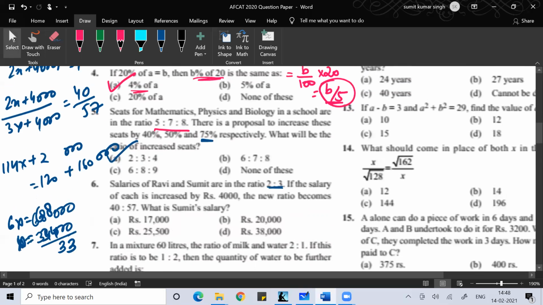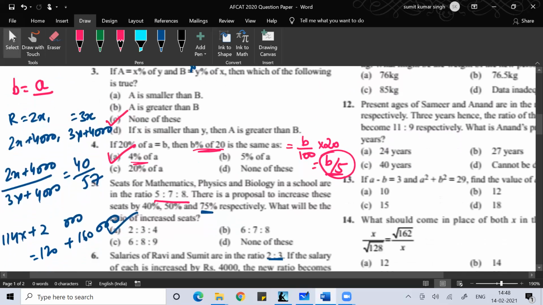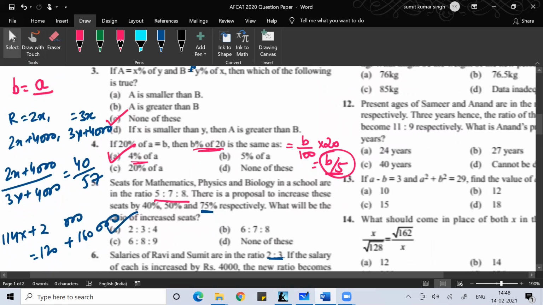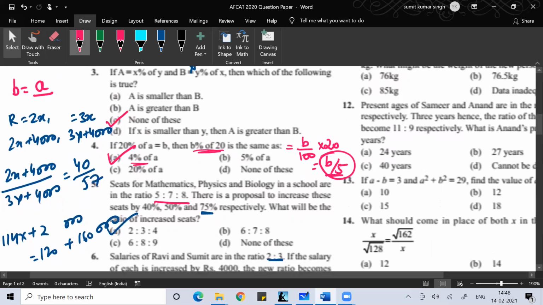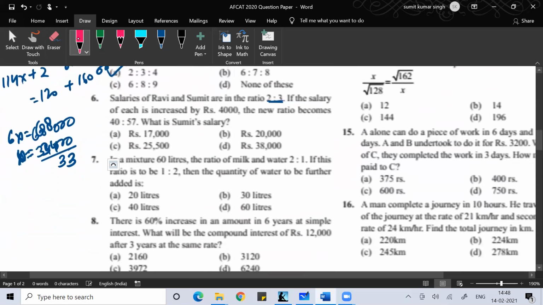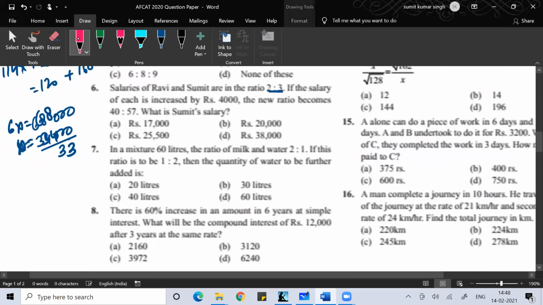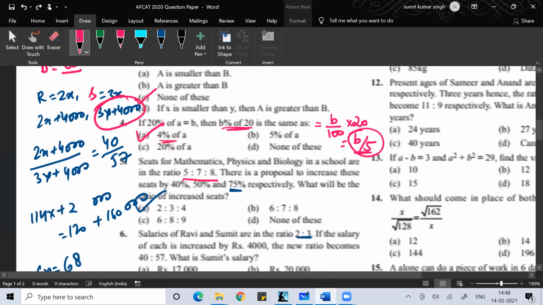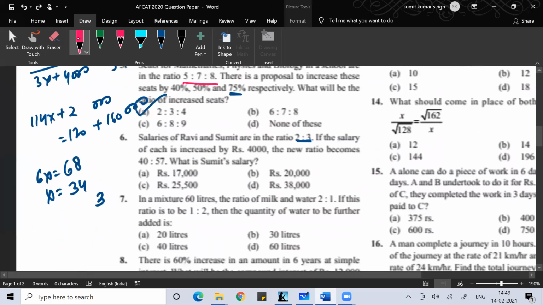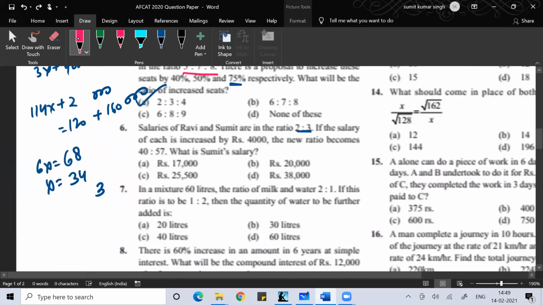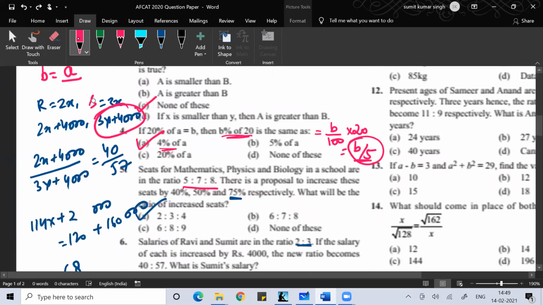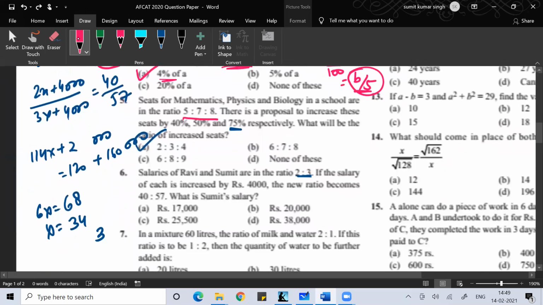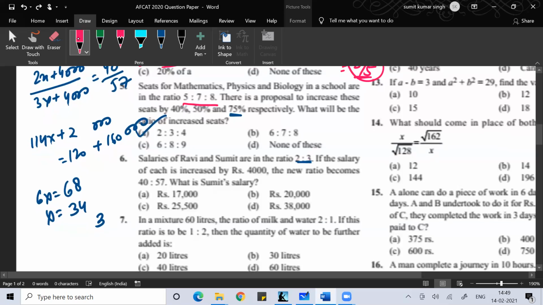Sumit salary, 3x plus 4,000. What is Sumit's salary? So what is this? Sorry. So wait, I'll do it from beginning only.